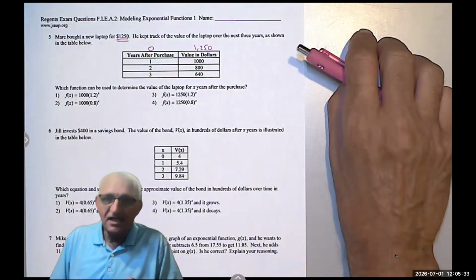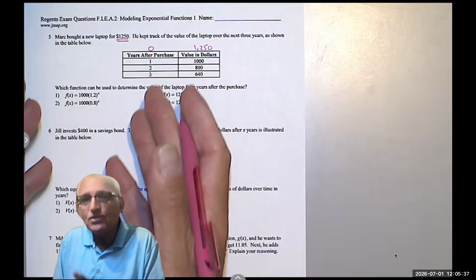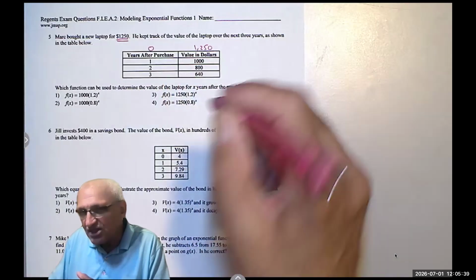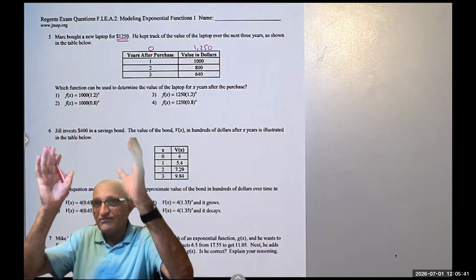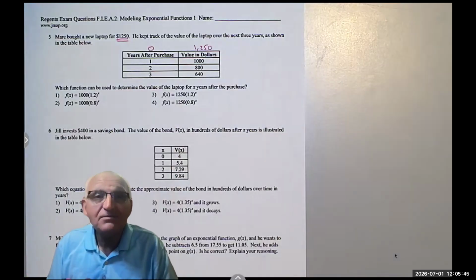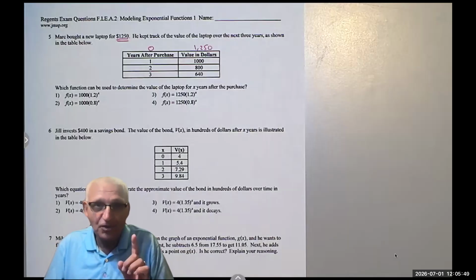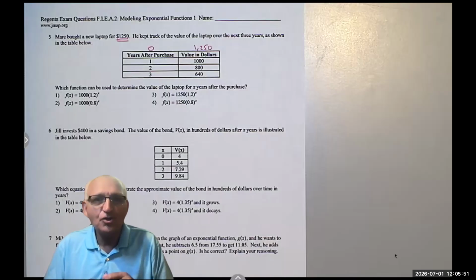Here you have to be very careful, because we know we are solving exponential, so we know that this is exponential decay because the value was 1250, it was depreciated to 1000, then 800. Sometimes it's depreciated linearly, not exponentially. So how do I know?